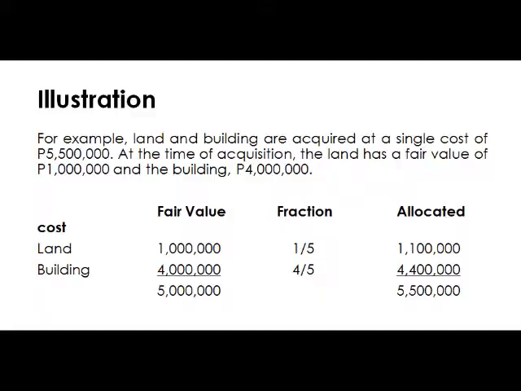The 5,500,000 will be multiplied by 1 million over 5 million pesos, which is equal to 1,100,000 pesos, the allocated cost for land, and the remaining 4,400,000 pesos will be for the building.